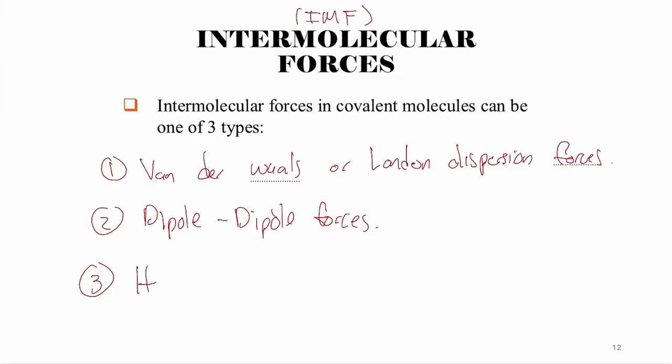And the last one that we're going to look at is hydrogen bonding. And hydrogen bonding is just going to be a very specific type of dipole interaction. It's basically going to be where you have very electronegative elements bonded to hydrogen, creates a very strong dipole that then introduces a special type of dipole-dipole force.